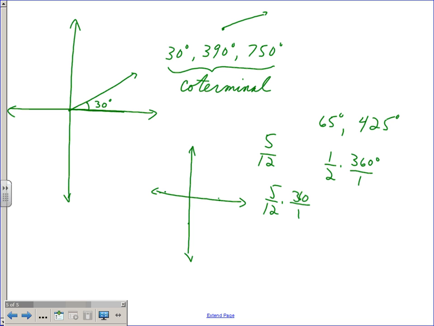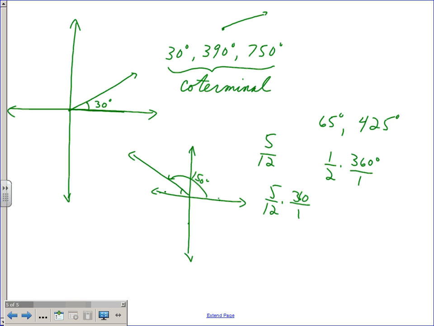From here to here is 180. We only want to go 150. We only want to go here. So from here to here is a 150-degree rotation. What's left over? 30 is left over, okay? That's going to be important later on.